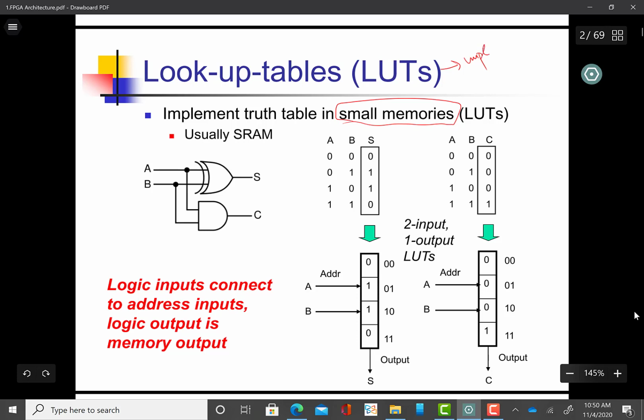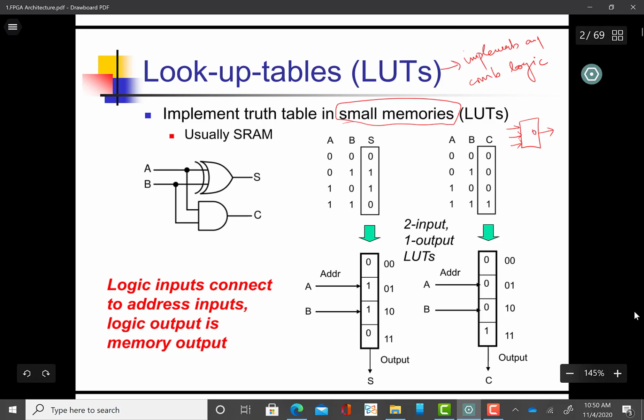Implements any combinational logic, okay. But there are some constraints. So the first constraint is on the inputs. For example, if this is our lookup table, this is just a box, and this box may have 3 inputs, and it may have 1 output.